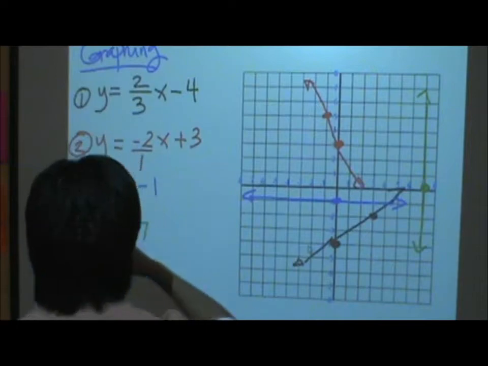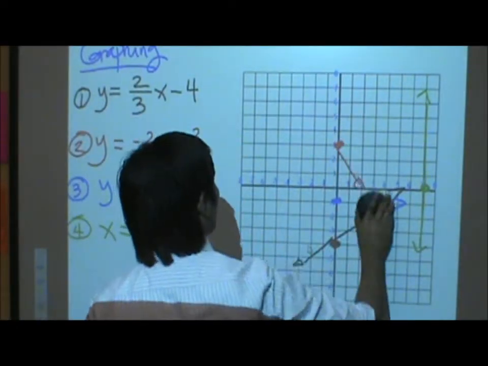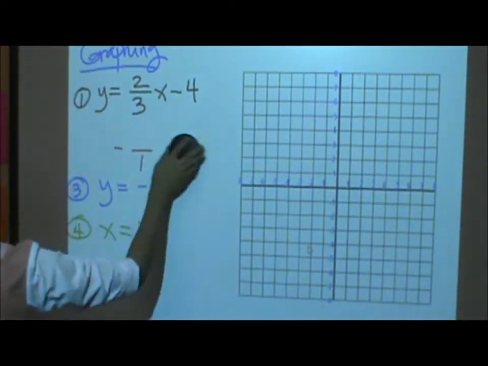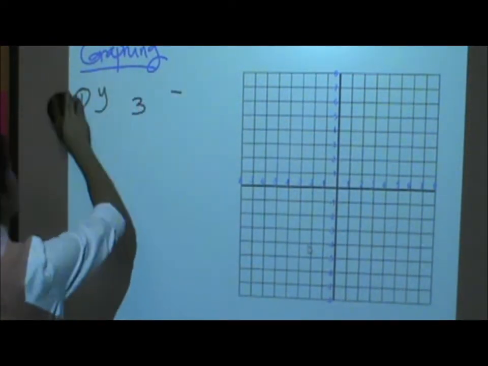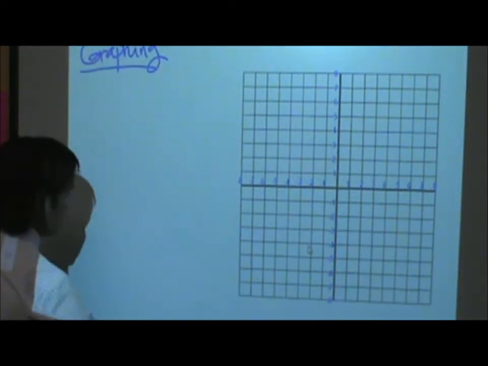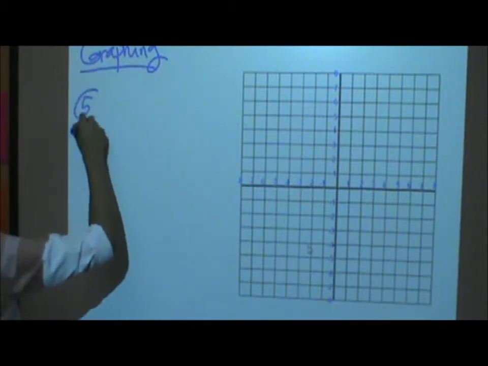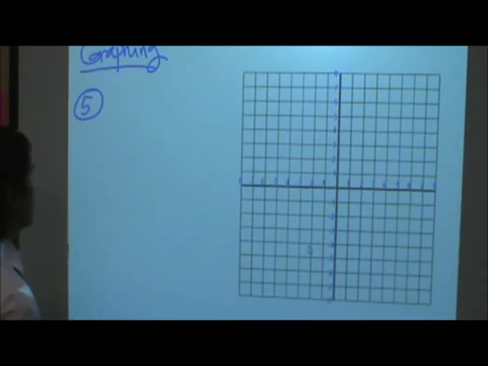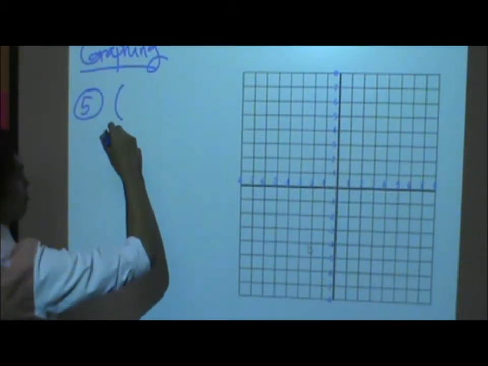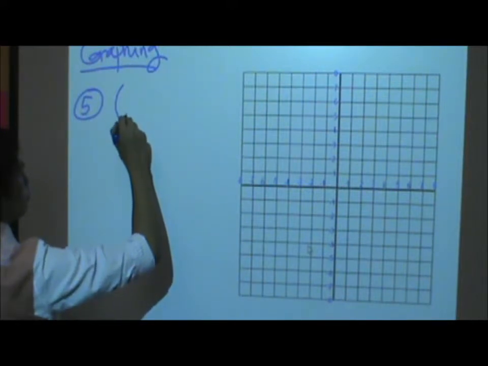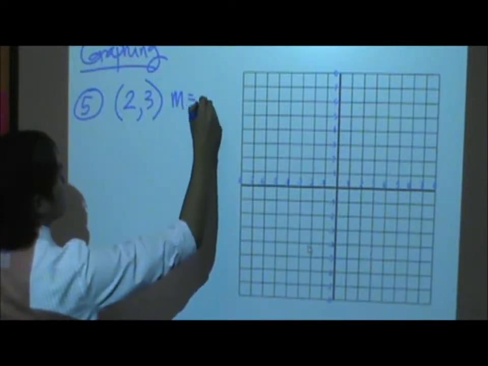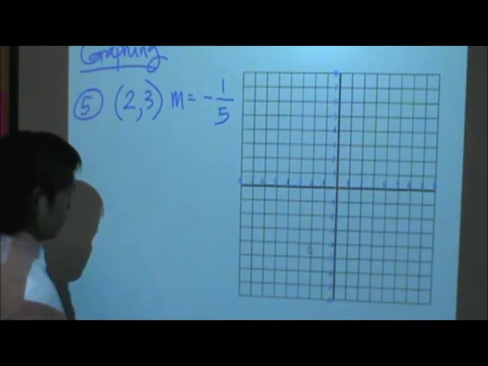Okay, but I realized, how about if the question is asking you, let's say number 5, to graph a line given a point, let's say 2, 3, with a slope of negative 1 over 5?